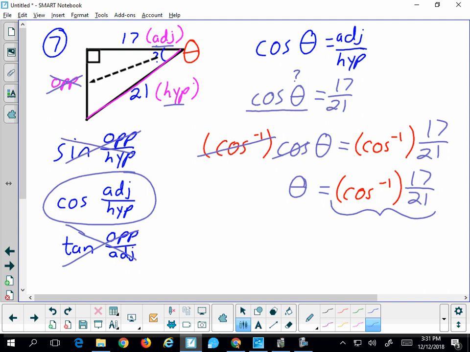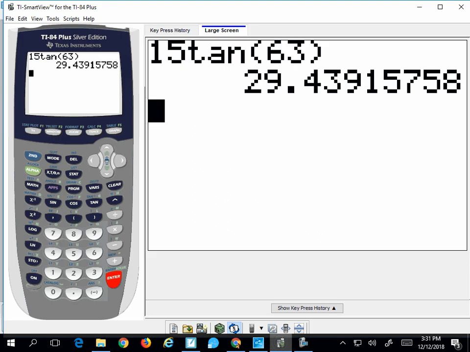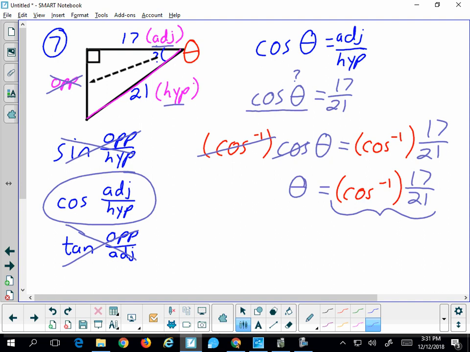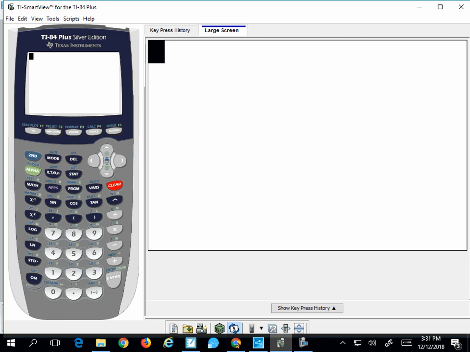So this is what I need to type into my calculator. So we go to our handy dandy calculator, and I need to type in inverse cosine. That's easy to do, because if you know where your trig functions are, sine, cosine, tangent, your inverses are the second operations.